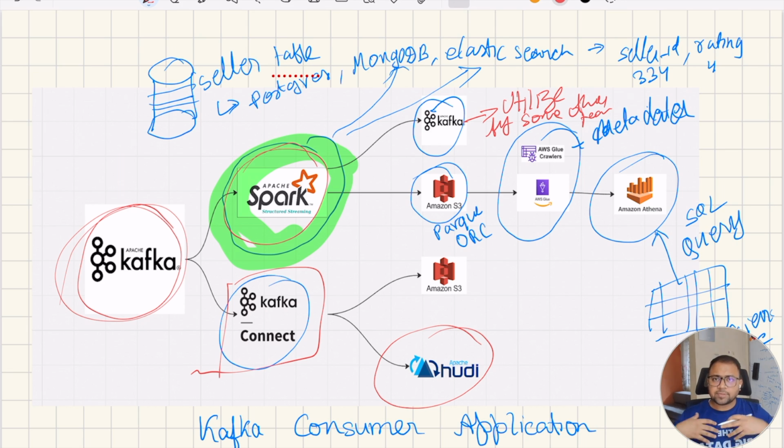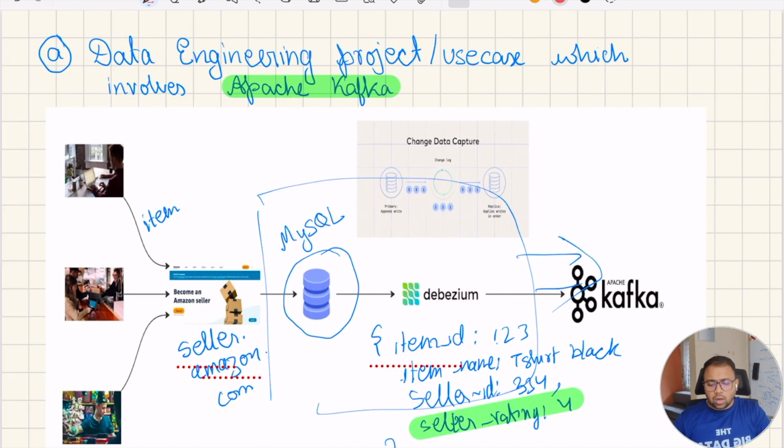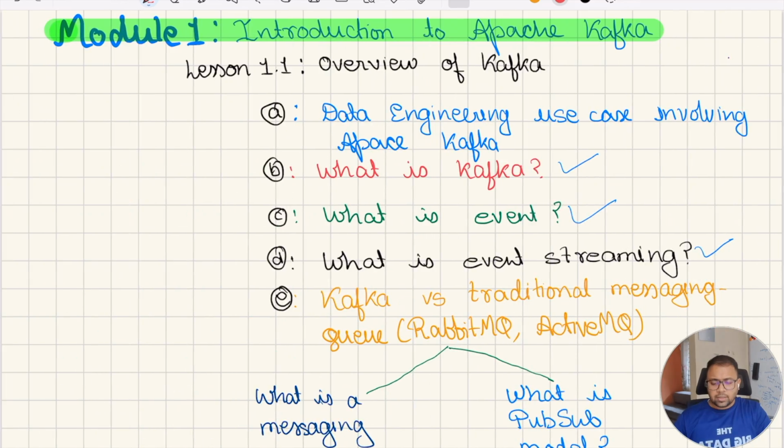I hope you have some gist now of where Kafka is being used predominantly in the data engineering world. And now I hope you are ready to learn everything in a deep way. As I have already told you, I have divided this course into multiple modules.